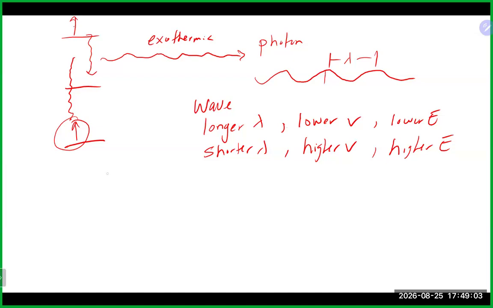We talked about that we can calculate the wavelength or the frequency if we know one or the other, and we can use this formula to do so. c, which is the speed of light, is equal to the wavelength times the frequency. The speed of light is a constant, 2.9979, I think was the number we used, times 10 to the 8, or 3 times 10 to the 8 meters per second.